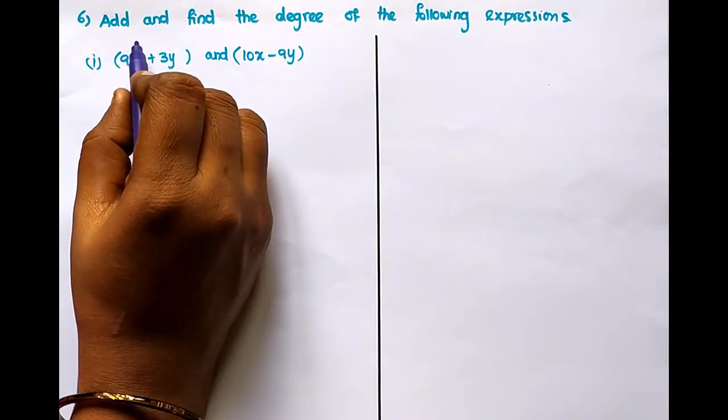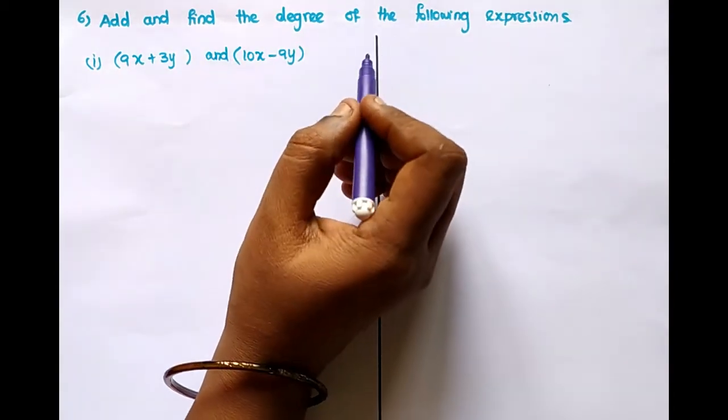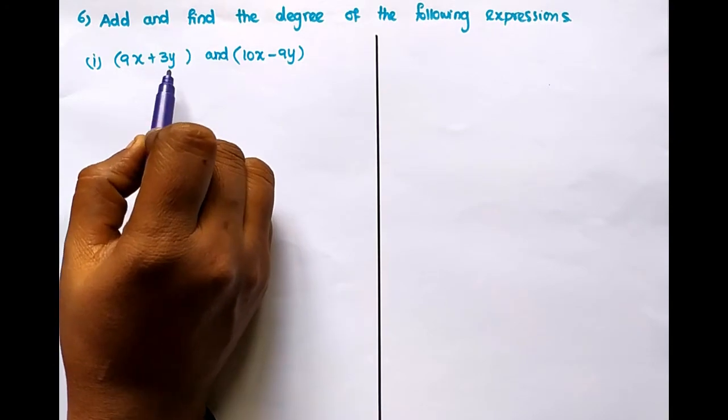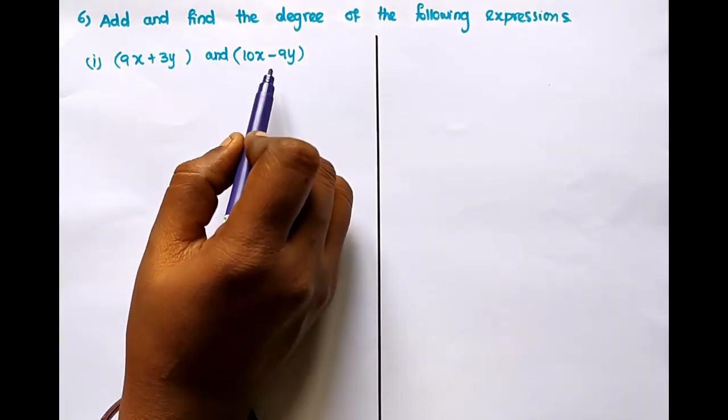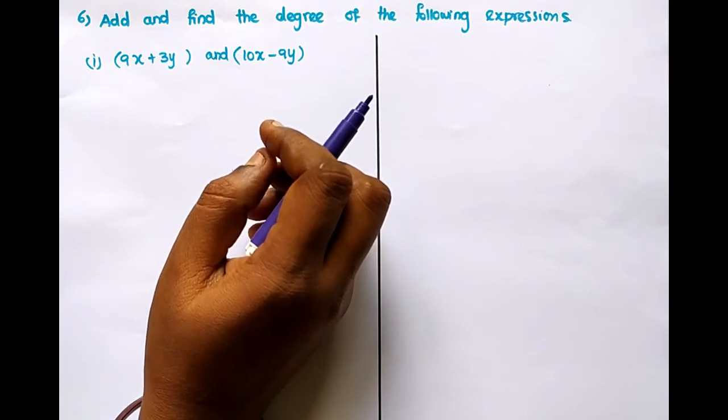That is the answer. Sixth sum: add and find the degrees of the following expressions. Listen, first one: 9x plus 3y and 10x minus 9y. We can add the same like terms only.